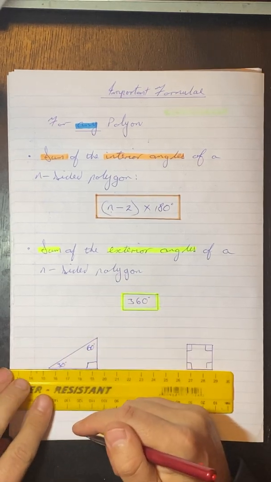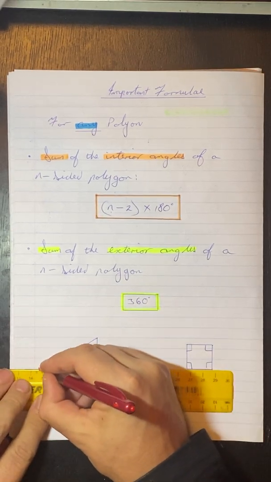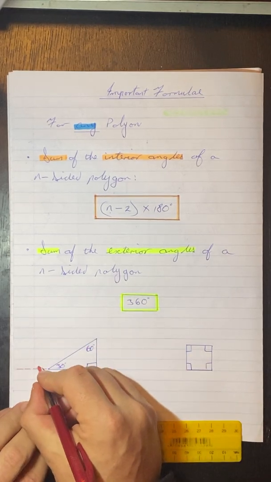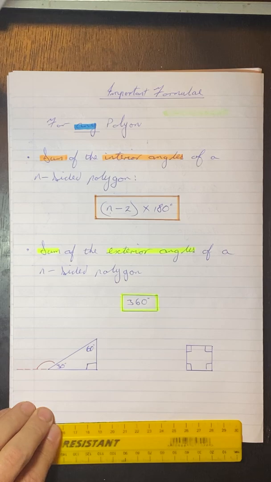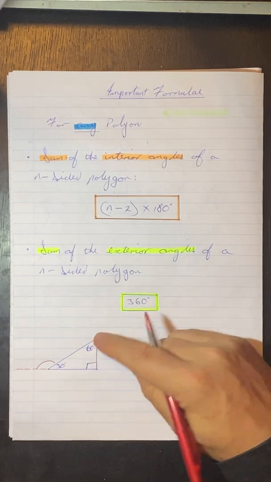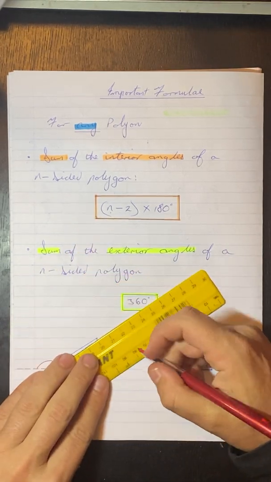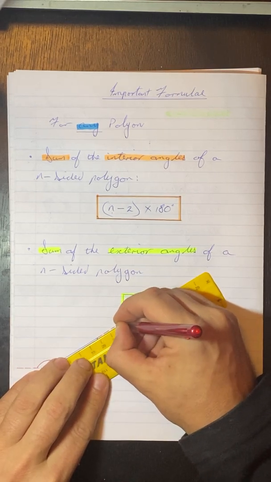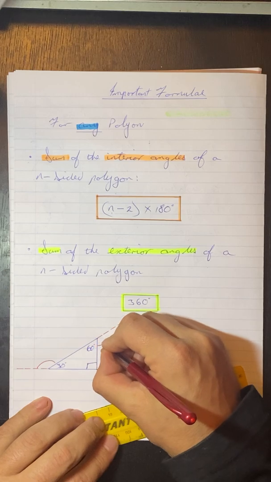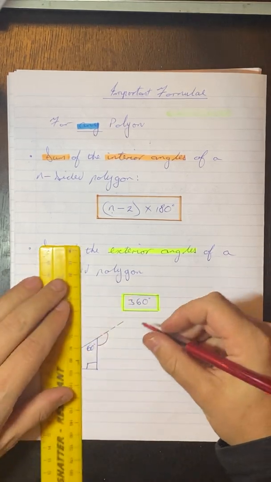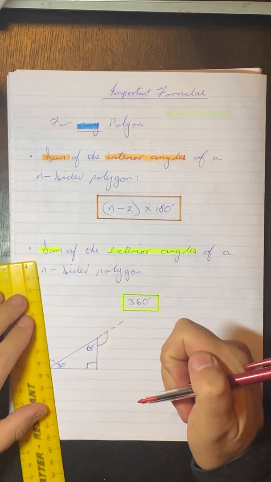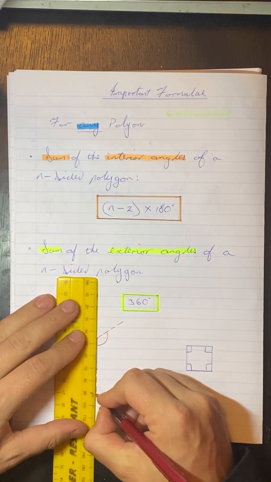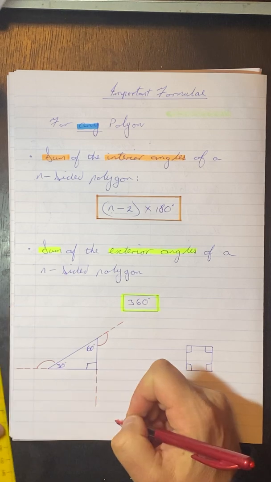So I'm just going to draw it in this direction. So there's our exterior angle for this angle. Then for the 60, let's put our exterior angle over here. I could have gone up, it would have been the same thing. Let's put our exterior angle for this one down here. And this will be our exterior angle over here.